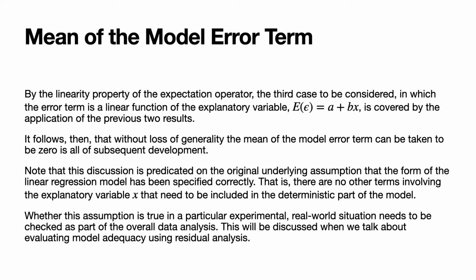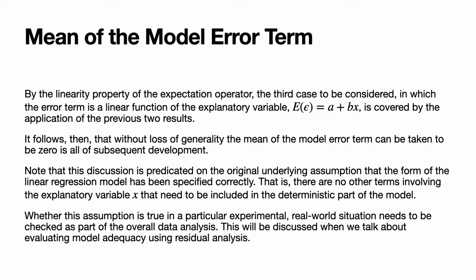Now, by the linearity property of the expectation operator, the third case to be considered, in which the error term is a linear function of the explanatory variable, so for example, the expected value of epsilon is equal to a plus b times x, is covered by the application of the previous two results.